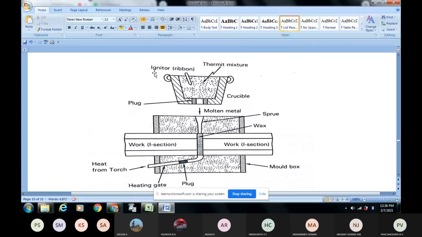Then there is an igniter, an igniting ribbon. Through the igniting ribbon, ignition is initiated. Then the reaction takes place within this mixture. An enormous amount of energy is liberated. During that time, the metal will be melted. Here, metal particles will be melted and converted into liquid.